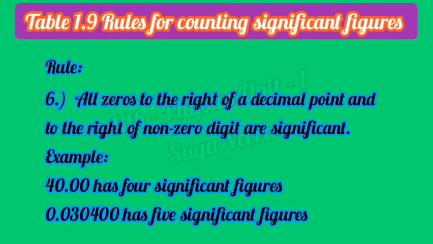Sixth rule is all zeros to the right of a decimal point and to the right of a non-zero digit are significant. For example, 40.00 has 4 significant figures, and another example is 0.030400, which has 5 significant figures.